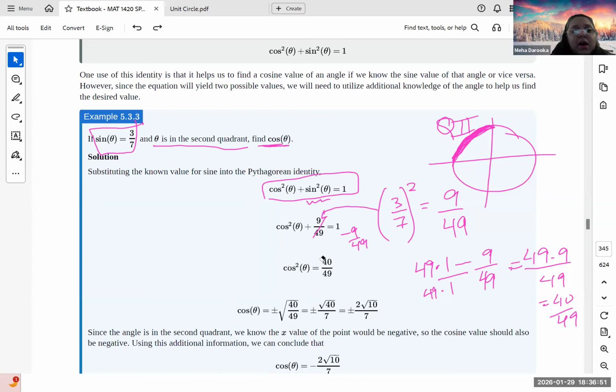Since we are, as a calculation, introducing the square root, you actually have to take into consideration that square root can be a positive root or a negative root. So that's where this plus or minus sign is coming from, is because you can end up with one positive and one negative answer. So go ahead, simplify your radical, and you can see this will simplify into plus or minus 2 times square root of 10/7.